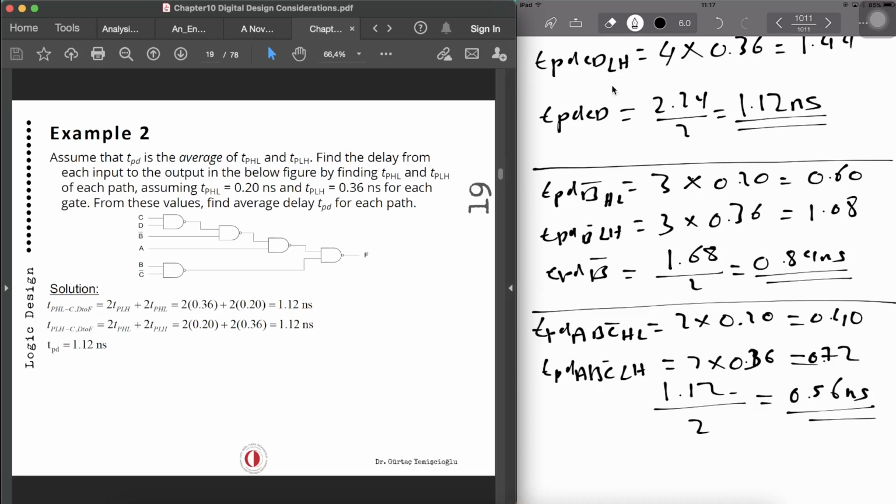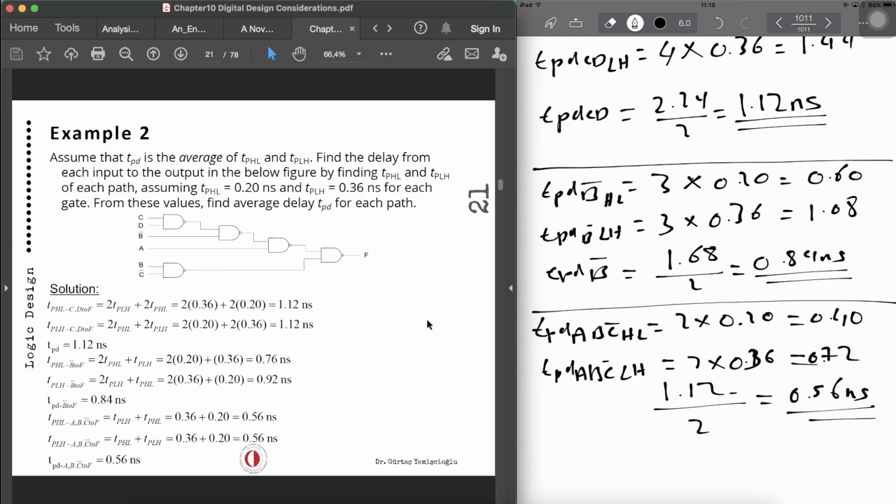So I believe the way that I've done it over here is simpler. You can do it either way; it's up to you. The same applies over here. Then we have got 3 stages: 2 times high to low and 1 times low to high, and then 2 times low to high and 1 time high to low. So it's going to give you the same result again. And the same applies for the last stage as well. So this is how we can use these propagation delays, and we can find them through the given circuit timings.